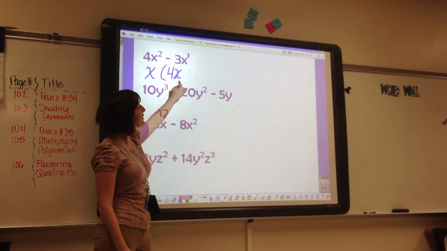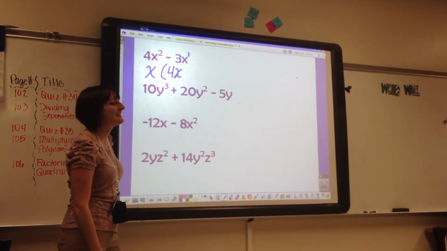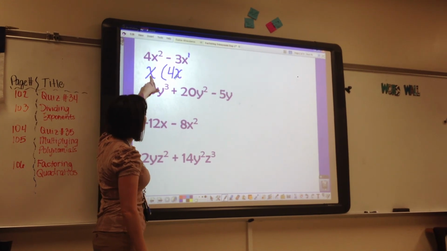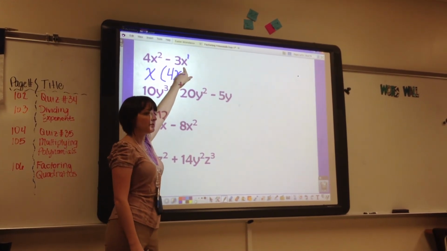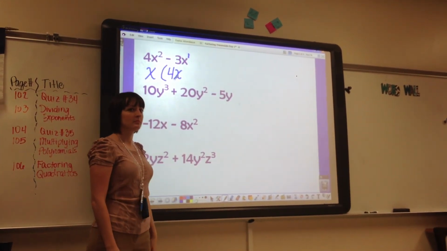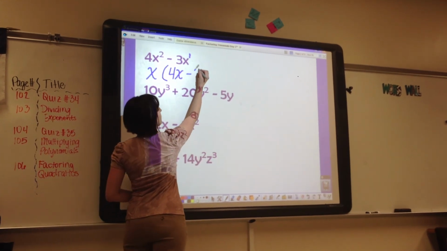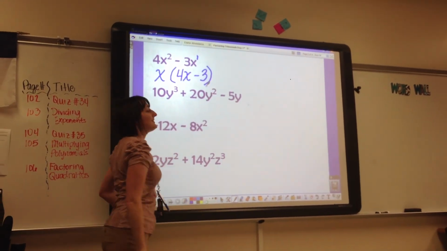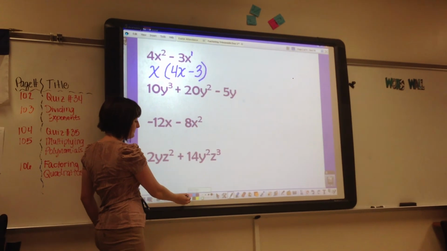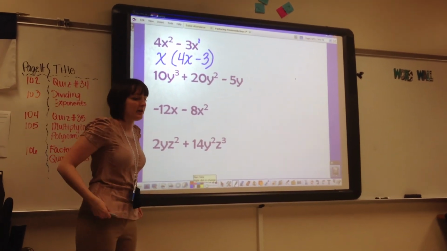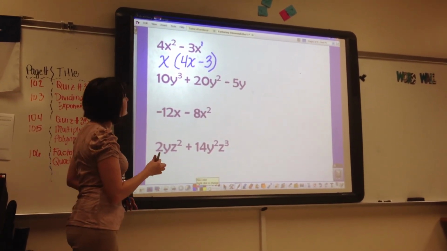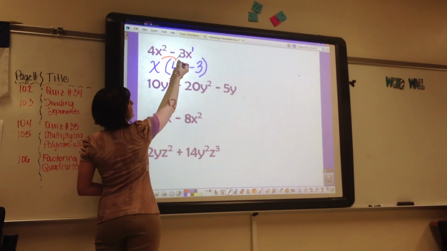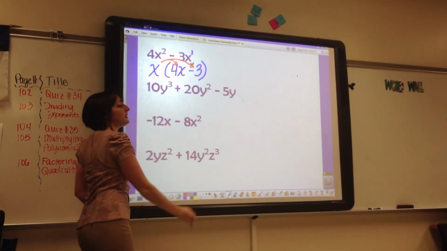Whichever way works for you, that works for me. X times what gives me negative 3x? Jalen said negative 3, I like it. And that's it. Now, if you're not sure if you did it right, you can check your answer by distributing back out to see if you get the same thing.